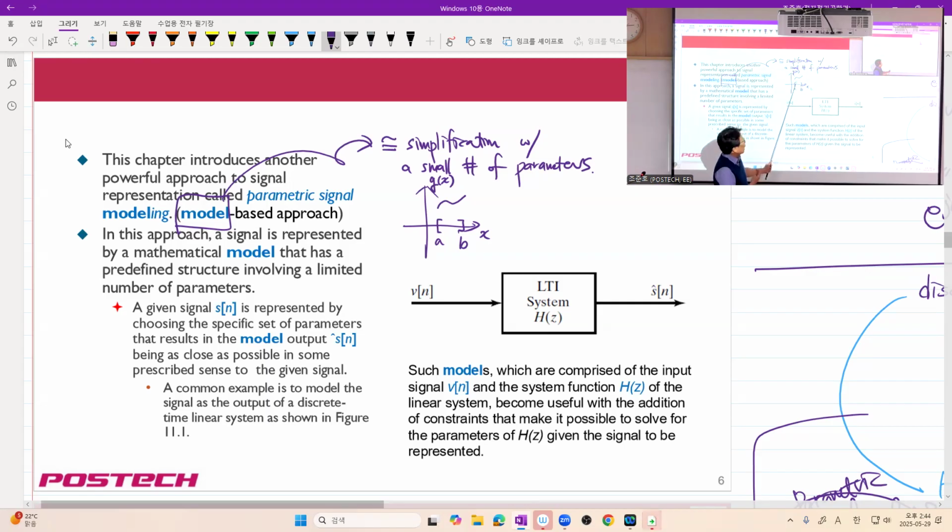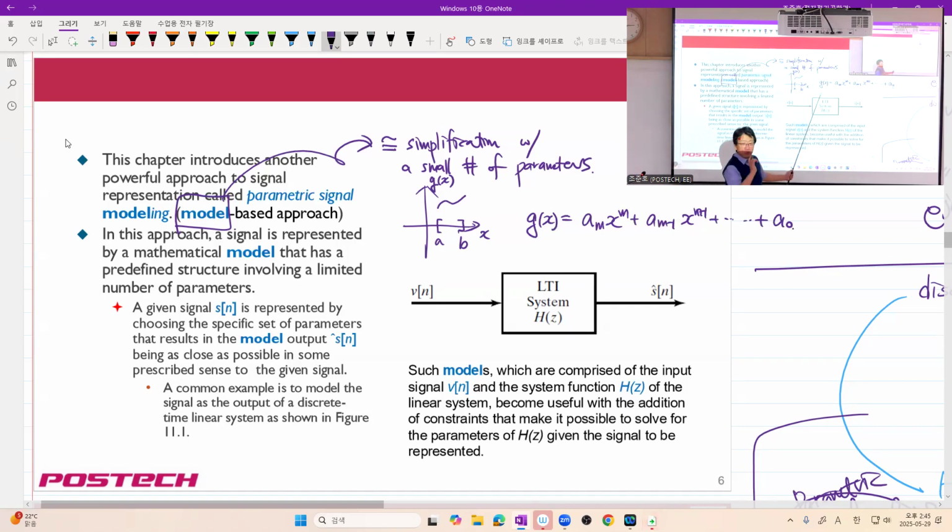Suppose we model this function as a polynomial. Got it? Now you got it. Polynomial means what? Polynomial means you have the maximum ordered term and other terms like this. Got it?